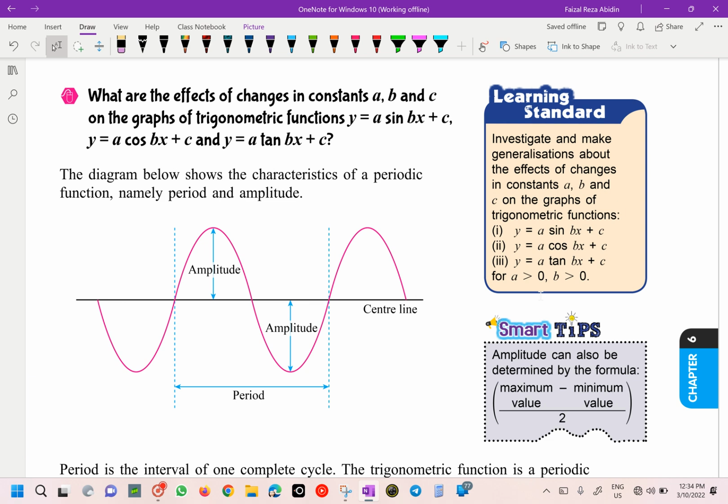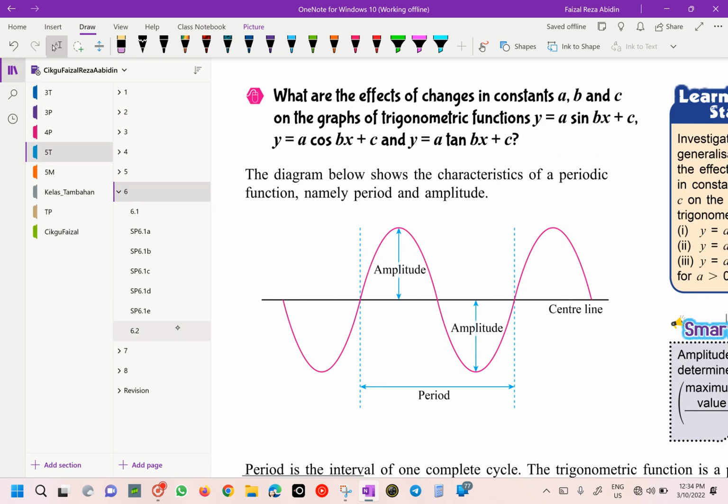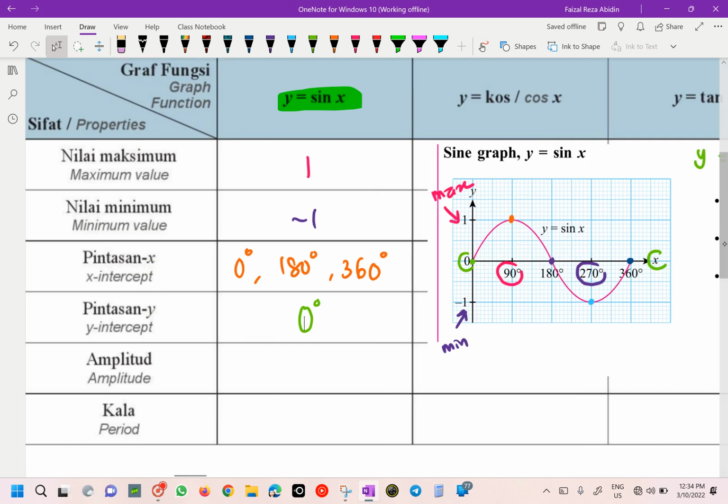So how do we want to find it by using the formula? It's given over here: maximum value minus minimum value, divided by 2. Okay, now look back into our Nilam book. You got your maximum value? 1. Minus minimum value? -1. Then we are going to divide by 2.